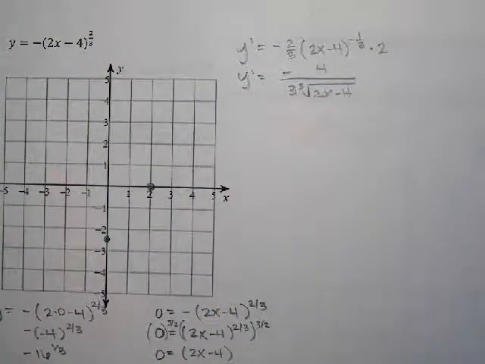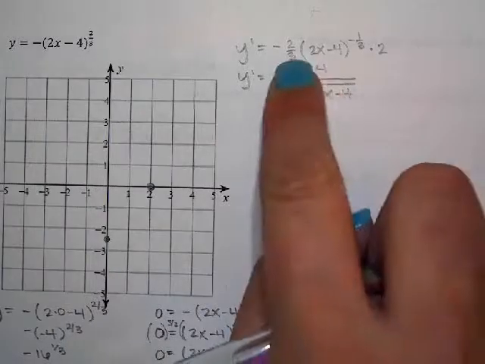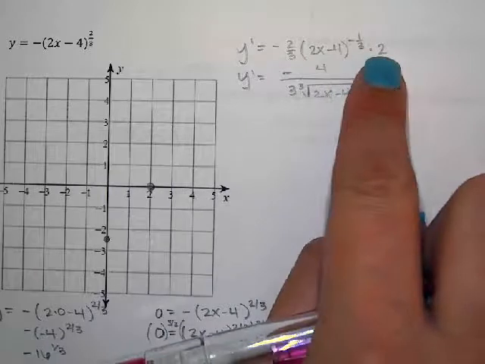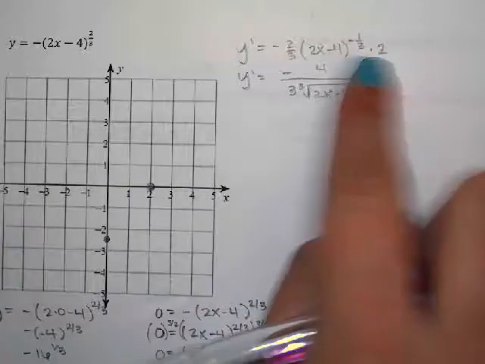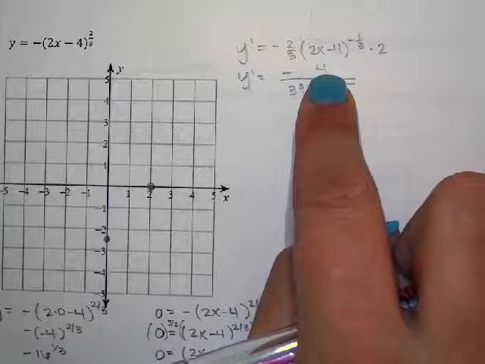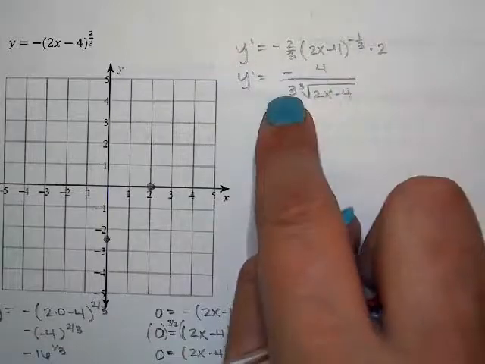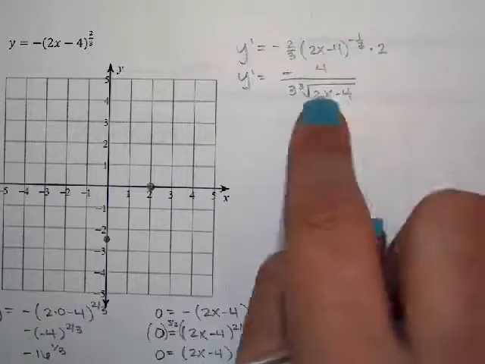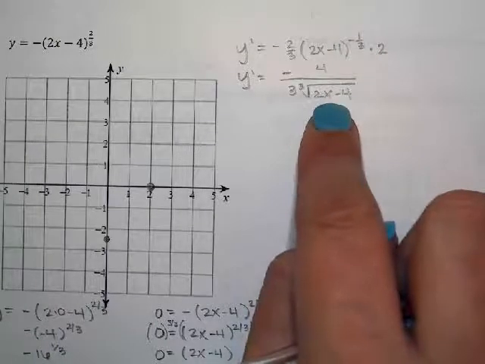Okay, so here's what I got for my first derivative. Is that what you guys got? And then I cleaned it up a little bit. I did the 2 times 2 and I got -4 on top. And I got the 3 on the bottom. And then I did my -1/3. I wrote that as a cube root on the bottom.